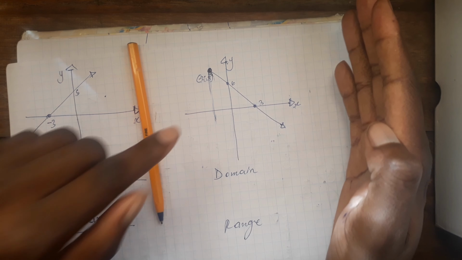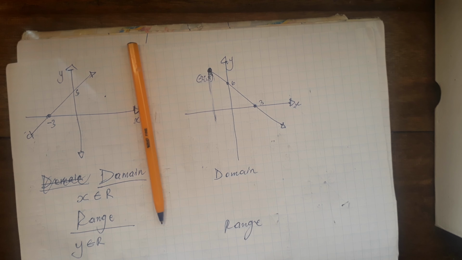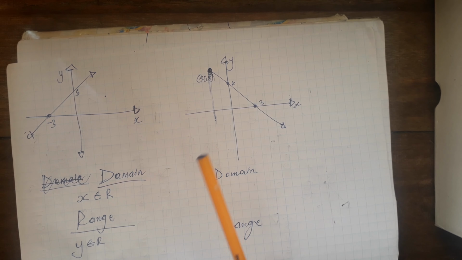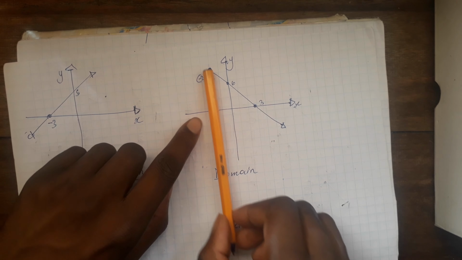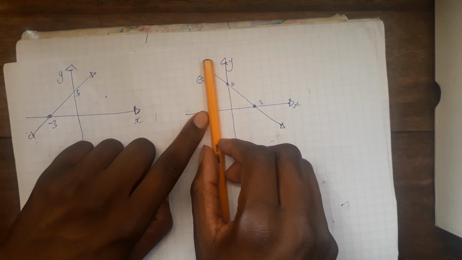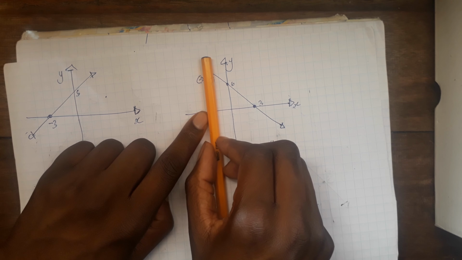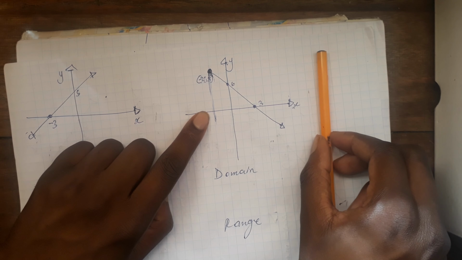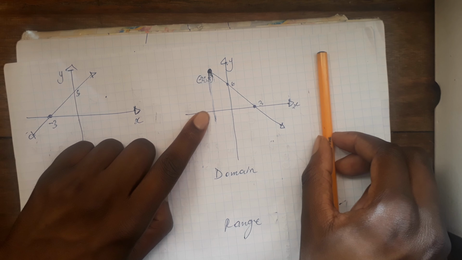I mean the domain, we're going to say x is greater than this point because it is on the right hand side. When talking about greater and less, focusing at a certain point, when you go to the right, you say greater. When you go to the left, you say less. Let's look at this point. The function is only defined from this point going to the right, meaning that we are going to say greater.